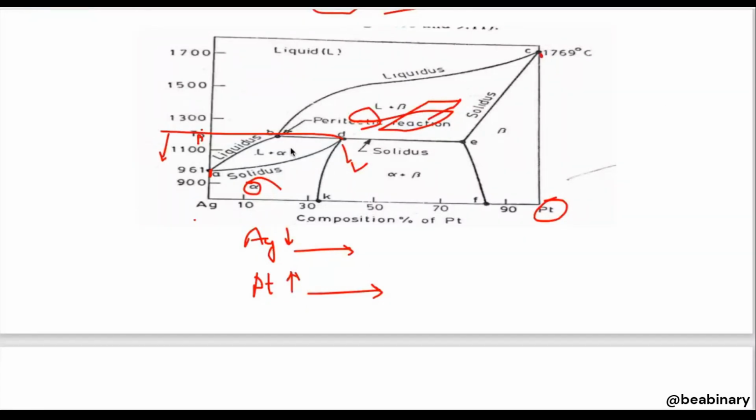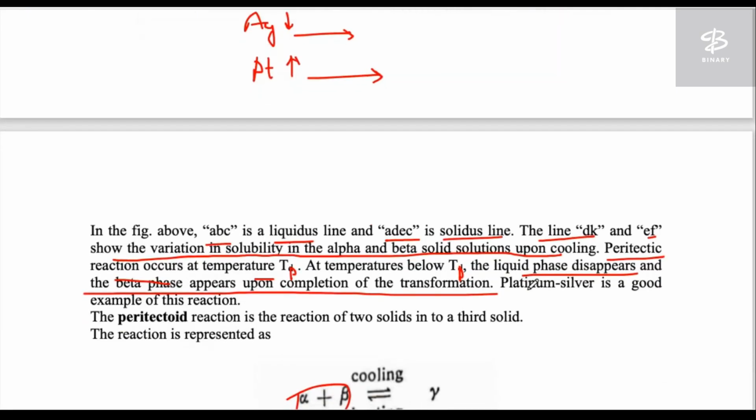This is our peritectic temperature, and as we come below that, at this corner you have a direct solid. So the liquid disappears. This is what it is saying here.